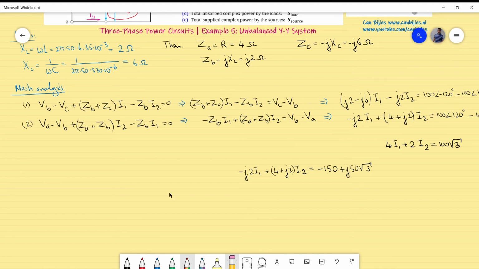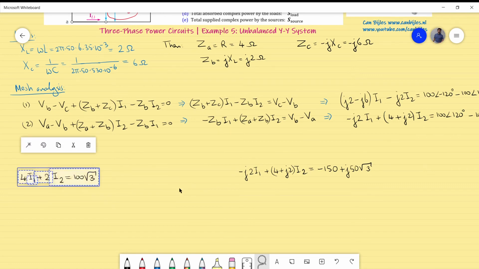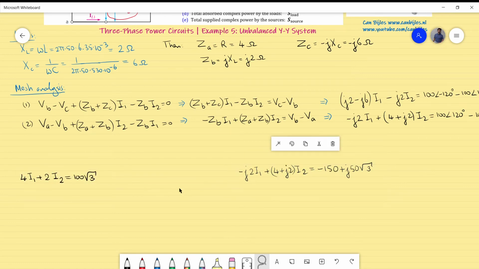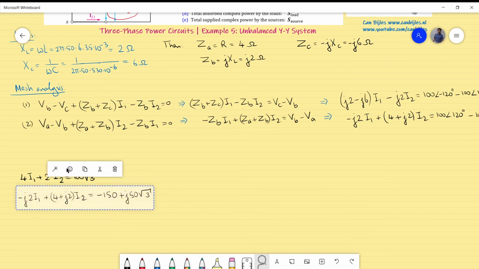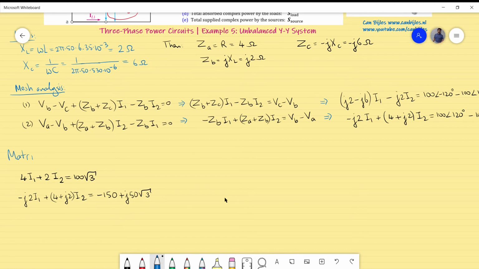I will take this first one and also this one, and I will have to transform these two equations into matrix form. So this will be converted in the following situation.